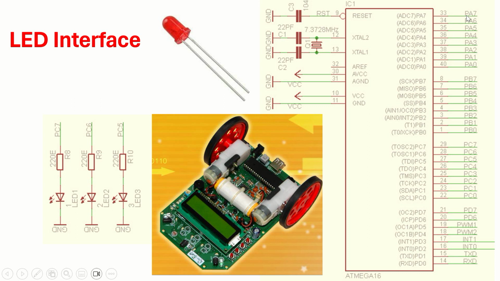What are the names of the pins? You can see it given here: PA0, PA1, PA2, PA3, PA4, PA5, PA6, PB0, PB1, like that. You can see A, B, C, D. Each has 8 pins. So 8 into 4, 32.